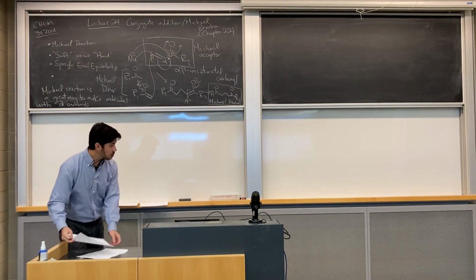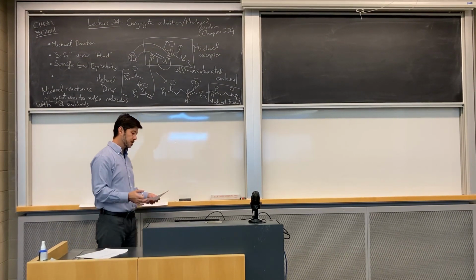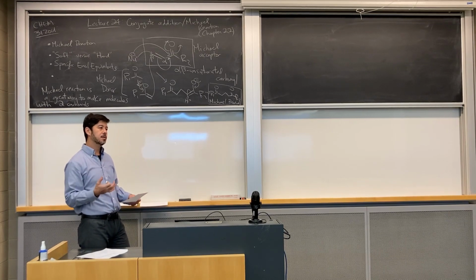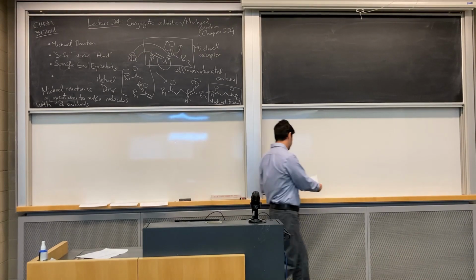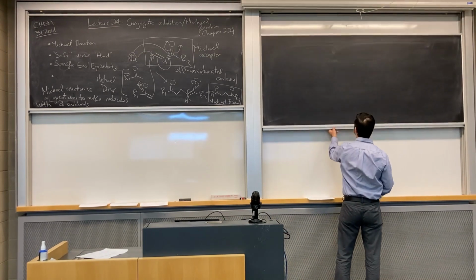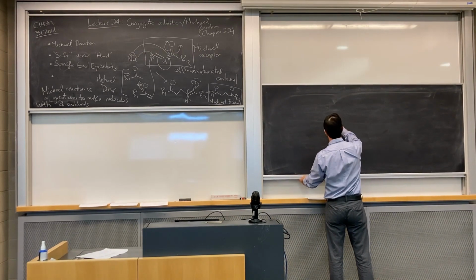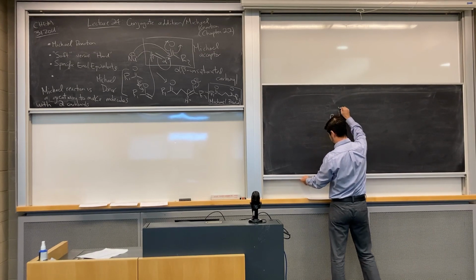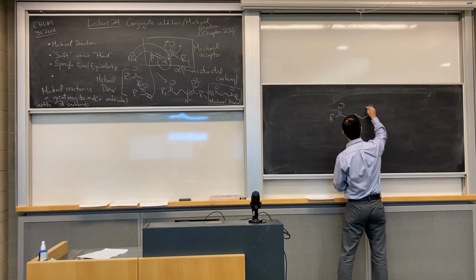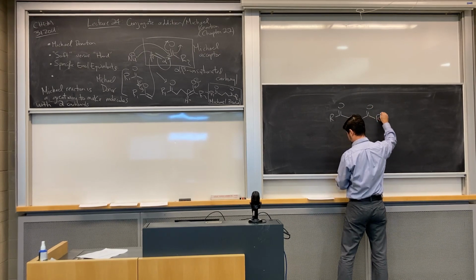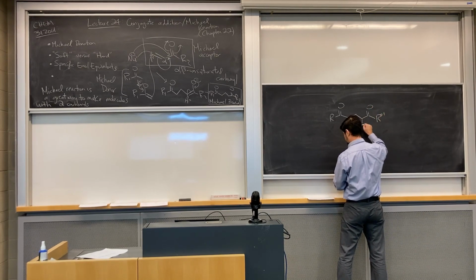Let's talk a little more specifically about how we can generate the desired Michael product. Let's go to this board here, and let's say we want to make this compound.